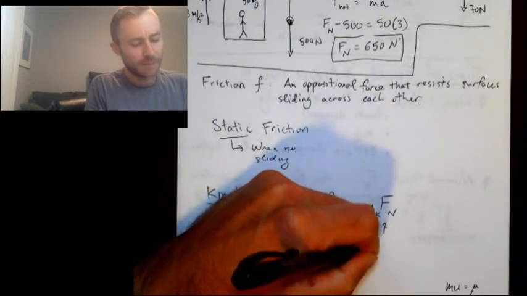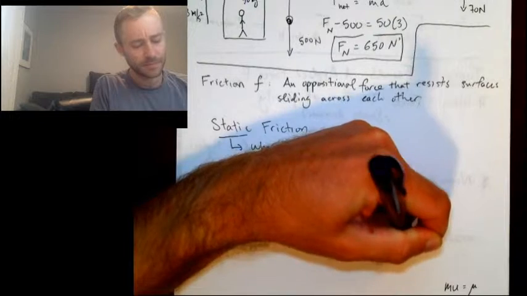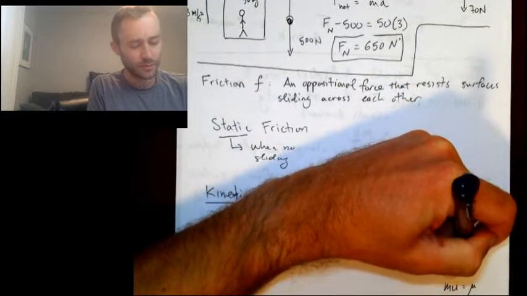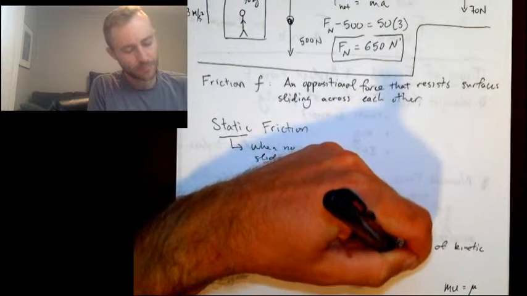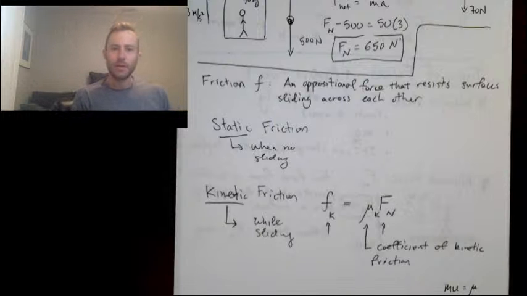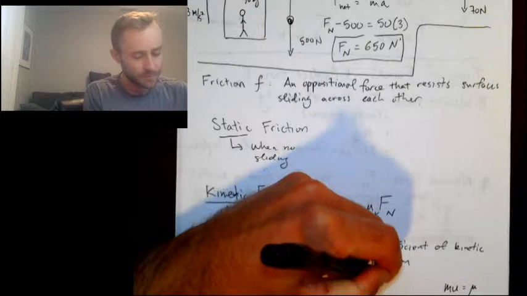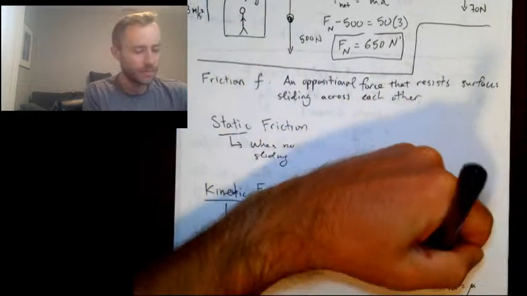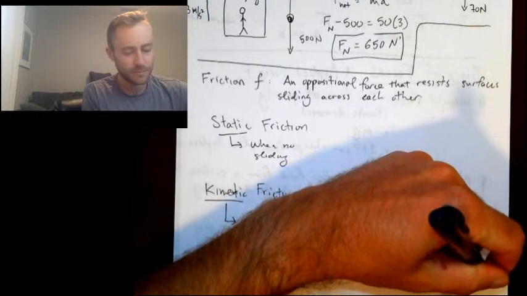Mu sub K is called the coefficient of kinetic friction. Okay? And it is basically a property of the interface.